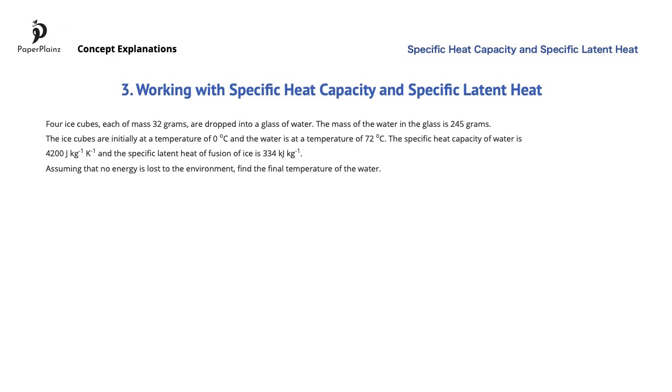Let's look at melting. While the ice is melting, its temperature does not change. In terms of energy transfer, the ice gains energy, while the water in the glass loses energy. Since no energy is lost to the environment, these two energy values are equal. So I will write that Qi, the energy supplied to the ice, is equal to Qw, the energy lost by the water. Since the ice is melting, I will use the specific latent heat formula for the energy gained by the ice.